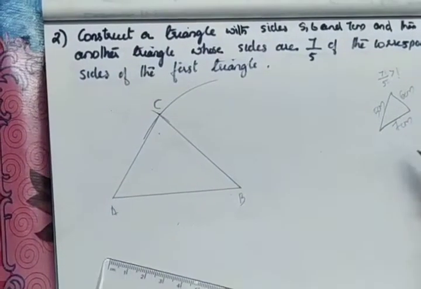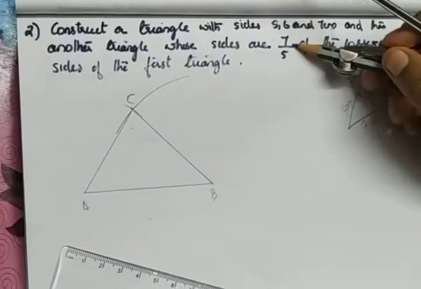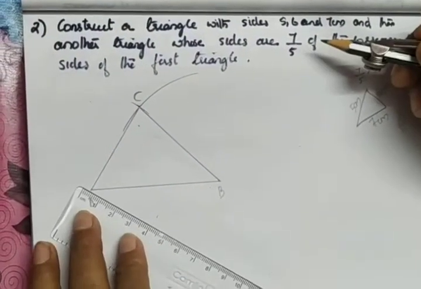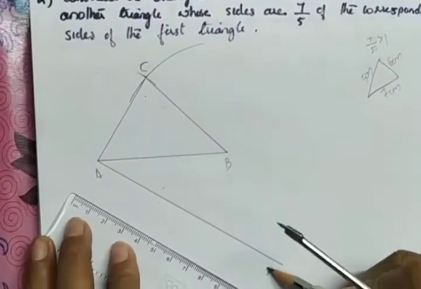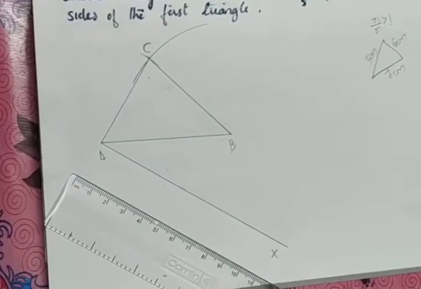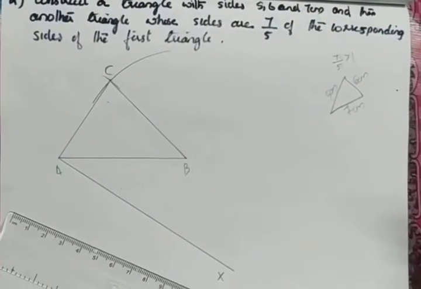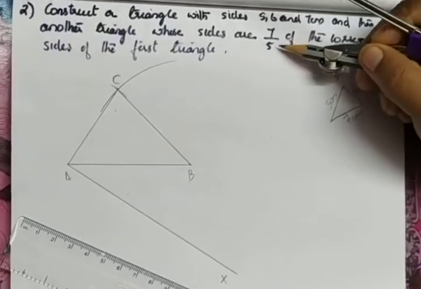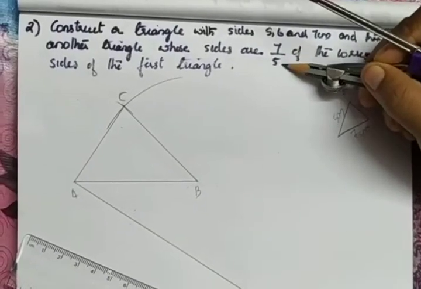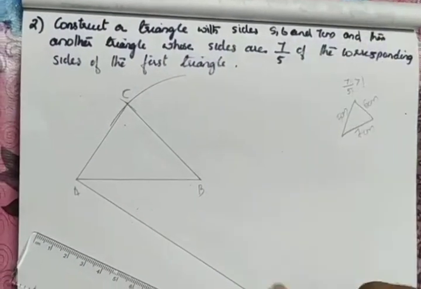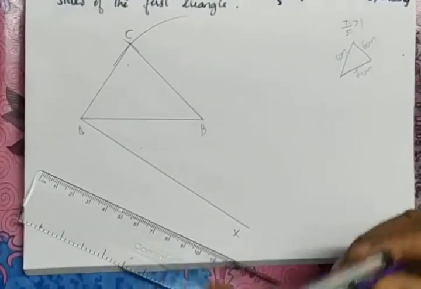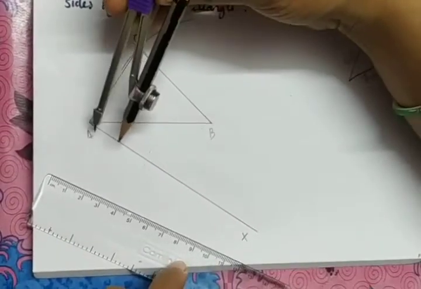Okay, then we have to draw a triangle with the scale factor 7 by 5. The first procedure is the same. We have to draw an angle BAX, and mark 7 points. How do I take 7? In the scale factor 7 by 5, which is the greater number? 7, isn't it? So mark 7 points. As in the previous question, we will take some radius in the compass.